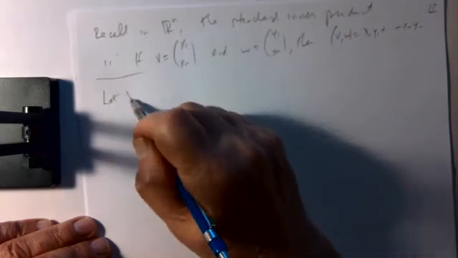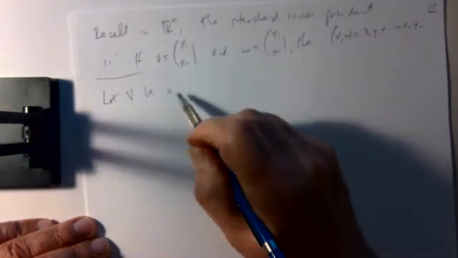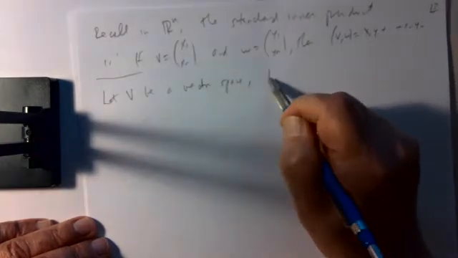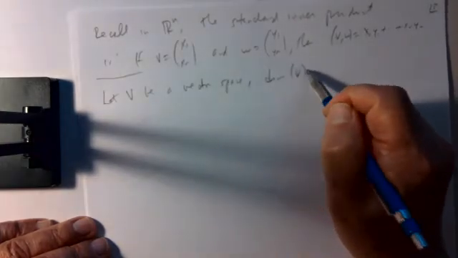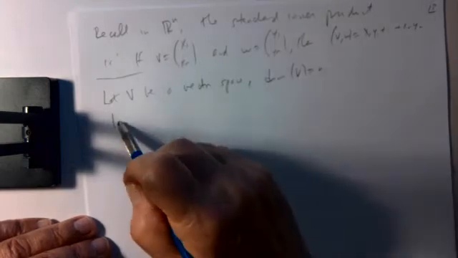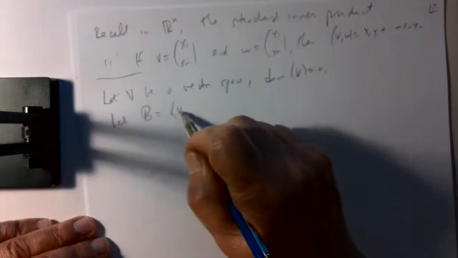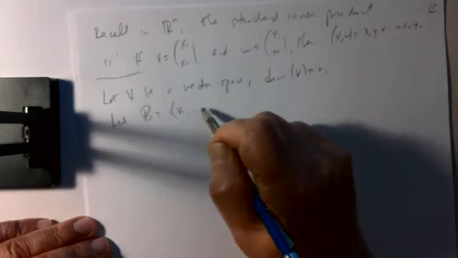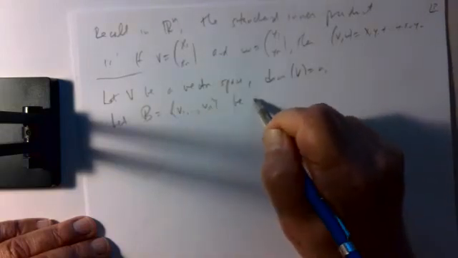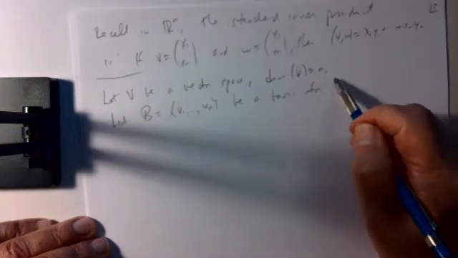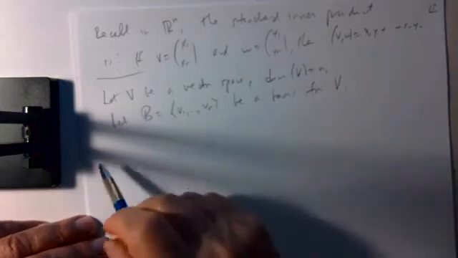Now, you also recall that we let V be a vector space of dimension n, and let V1 up to Vn be a basis for the vector space.